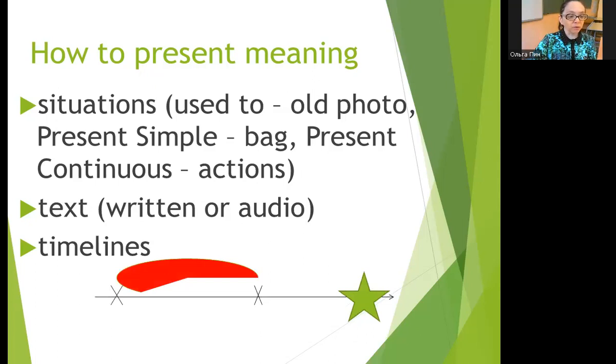For example, you have to present past perfect, past continuous. You can use this timeline showing that, so this is now, something continued from one certain point in the past to another certain point in the past. Honestly, I love timelines.